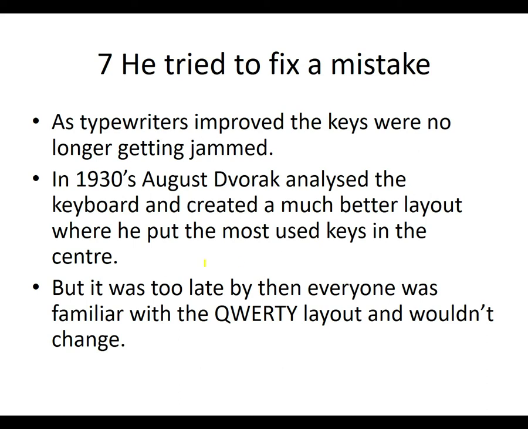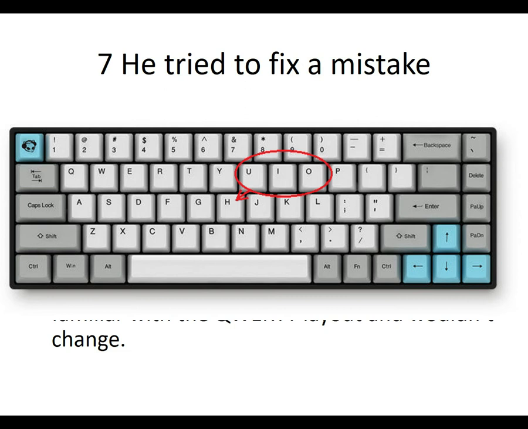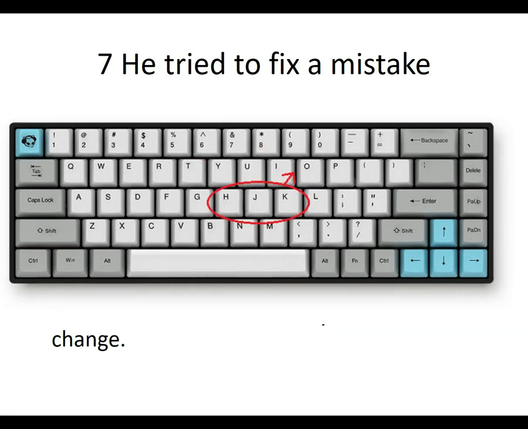And that would have made people able to type much faster rather than going to look for a common letter that you're using, like the vowels U, I, and O, which are up on the top row. He moved them down into the centre, and the less common ones like the H, J, and K, which you don't use very often, he moved those further away, and this would have created a much better and faster keyboard. But it was too late.